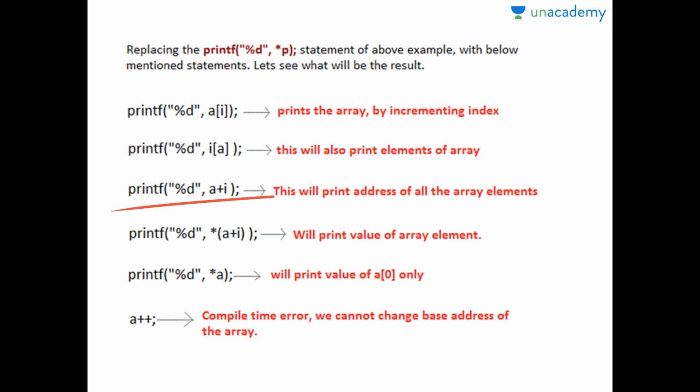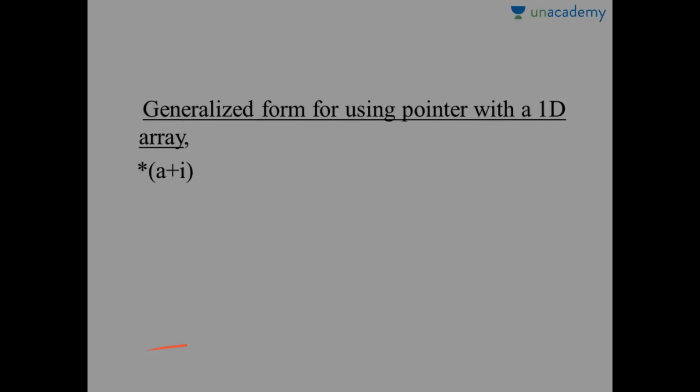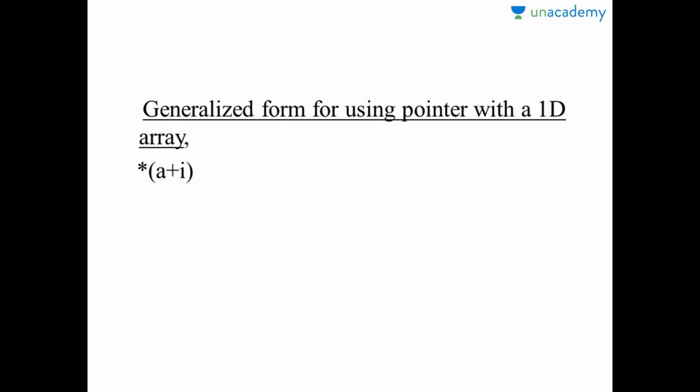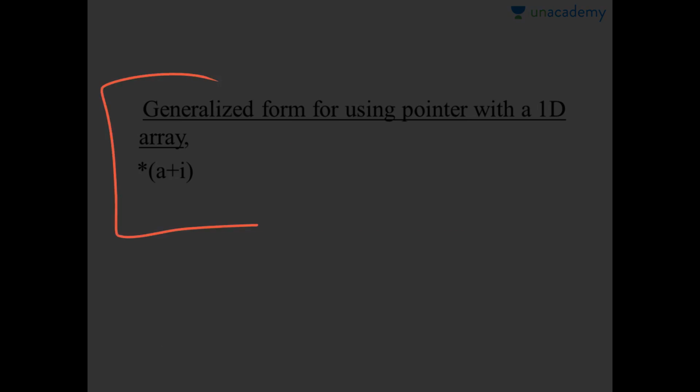This will print the address of all the array elements. This will print values of array elements, and this will print the value of A[0], that is the base address only. And this one will give a compile time error because we cannot change the base address of the array. So this is a generalized form for using pointers with one-dimensional arrays.